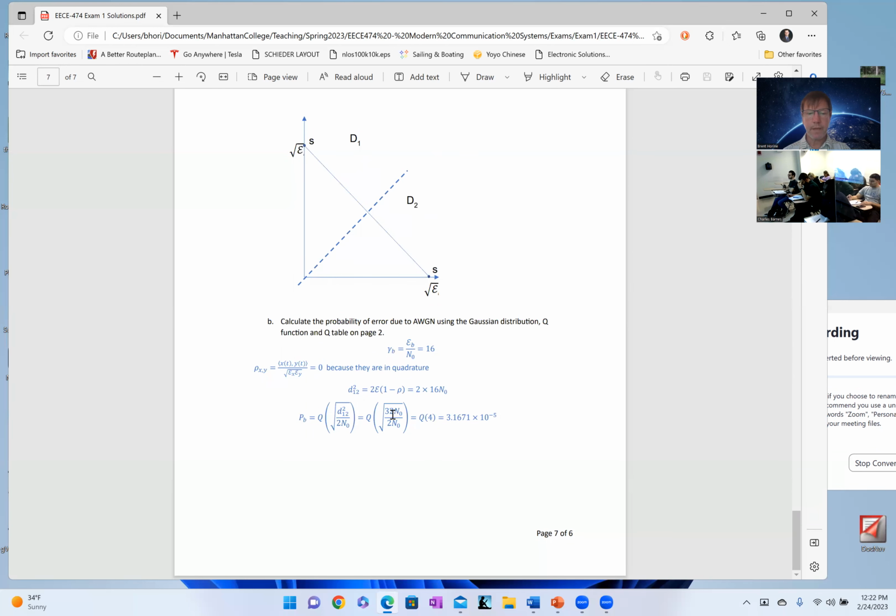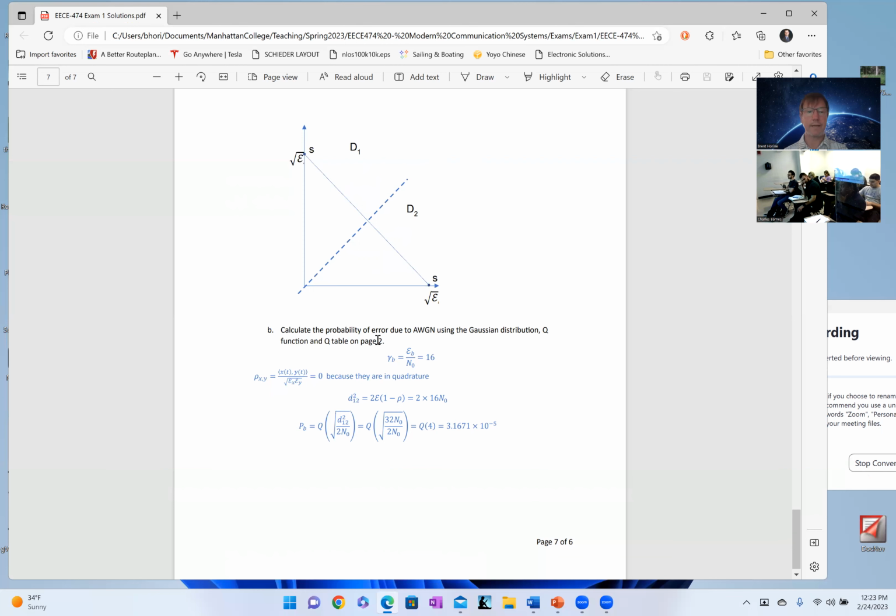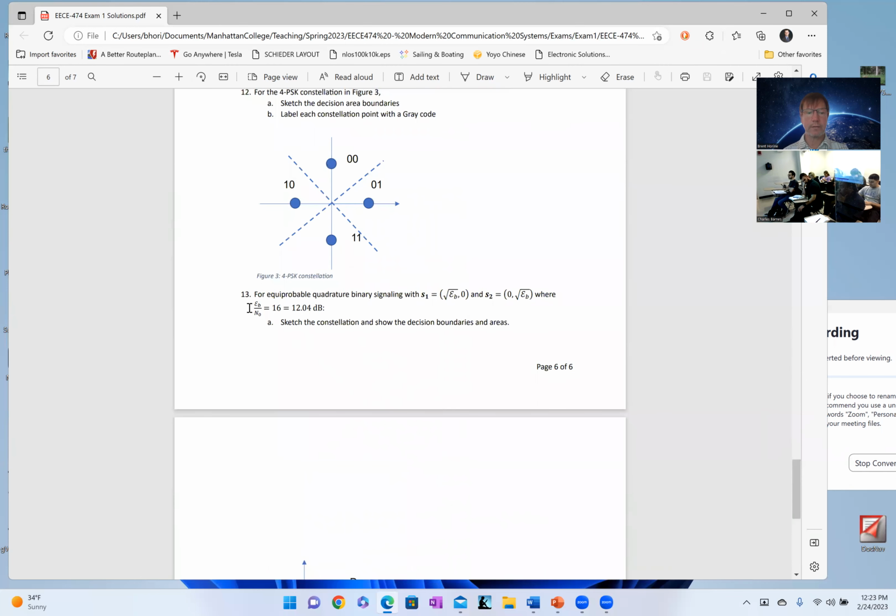So basically you're going to end up with 2 times the energy here. That just becomes 1. And substitute in what we know about the energy. Well, it's 16 times N naught, right? So just using this equation, solving for E_b, that's 16 N naught.